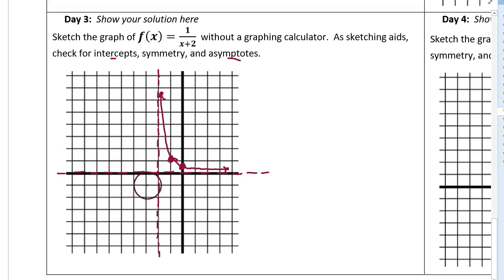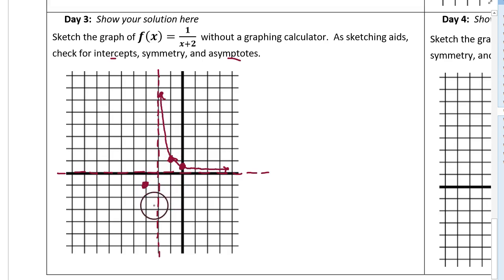What's happening over here? Well, let's choose another number for x, plug it in, and see where the dot is. How about picking -3 for x? -3 plus 2 makes -1. 1/-1 makes -1. So -3, -1 is a dot.